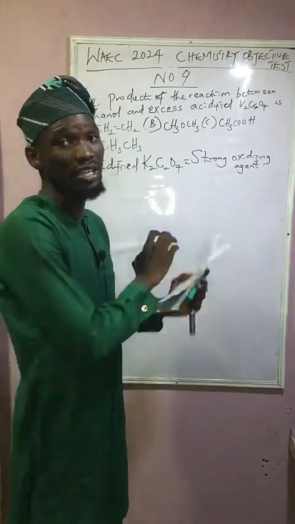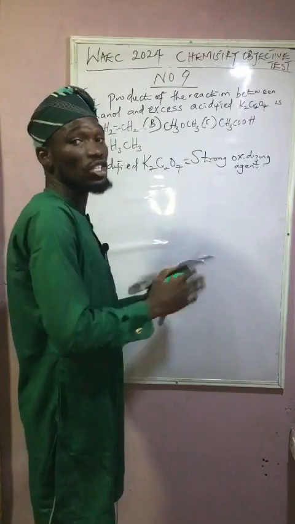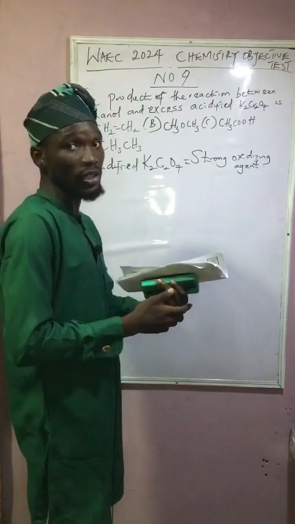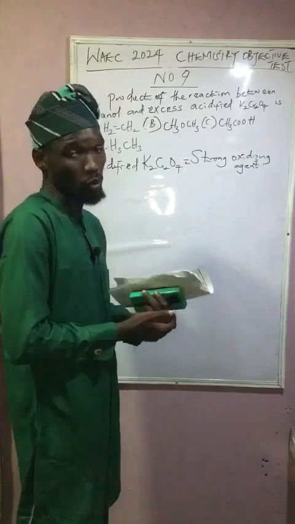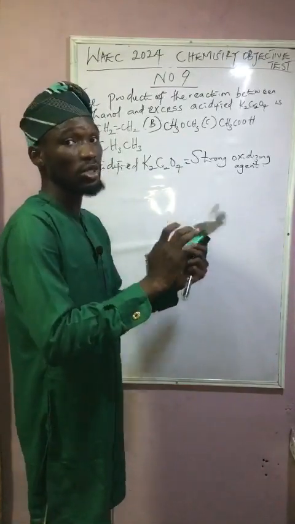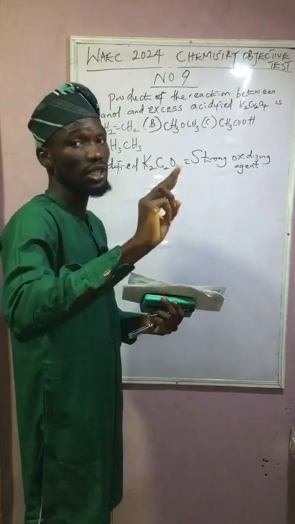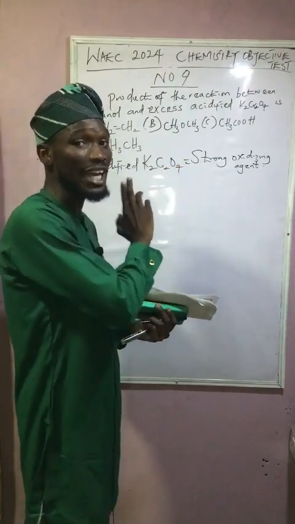You don't just pick your answer as a WAEC candidate, or those students out there who are preparing for NECO, this video is for you also. You don't just pick your answer without having a depth knowledge about it. For this now, there are two steps that are involved in this kind of reaction.